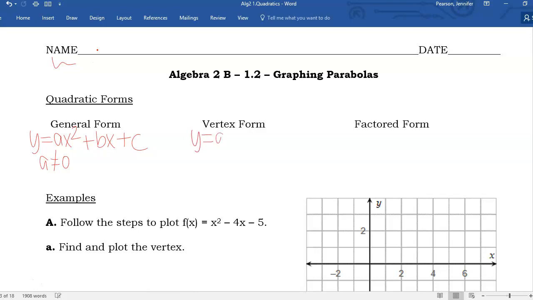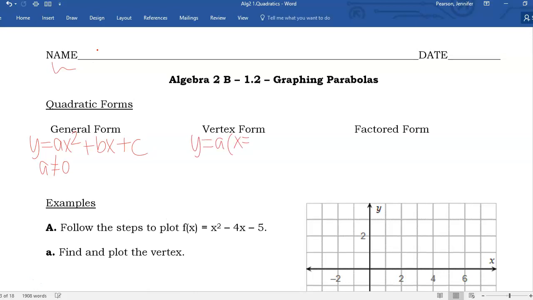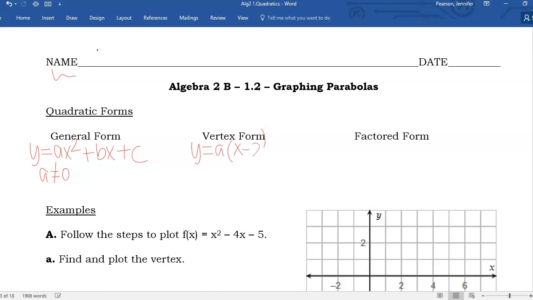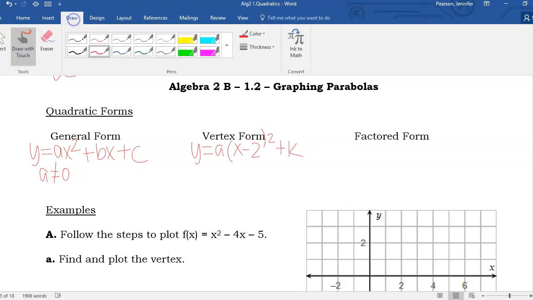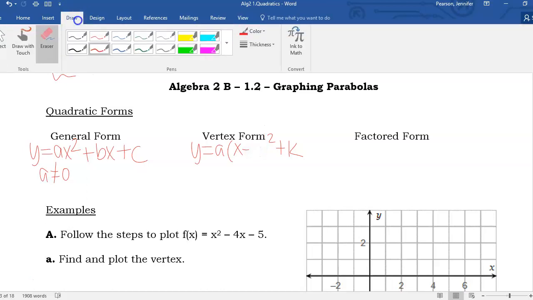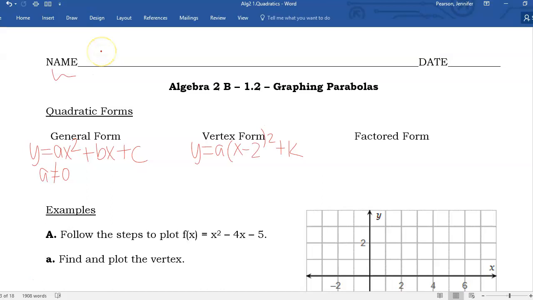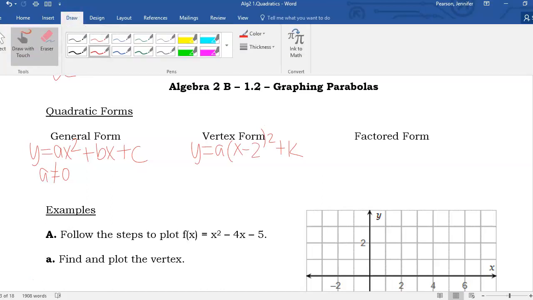Vertex form shows us exactly where the vertex of our parabola is, however far left and right, however far up and down.